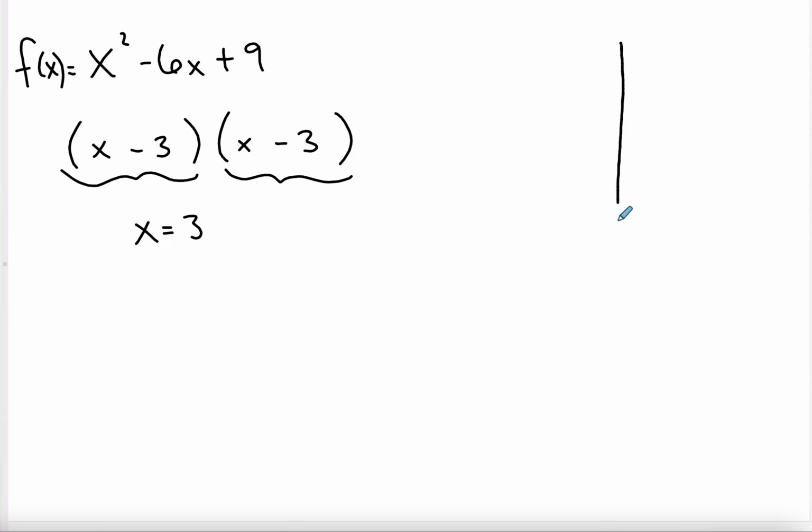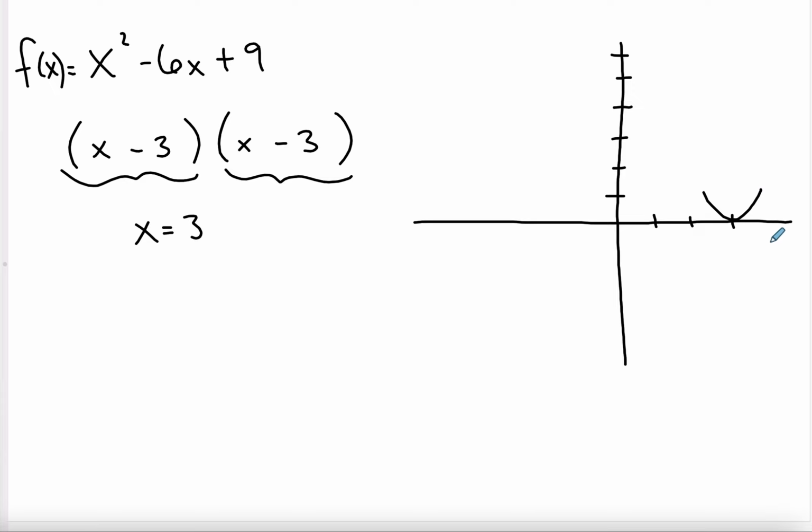And what does that mean graphically? Well, we go to our zero, x equals 3. And it's just going to bounce off this point. It's not going to cross.